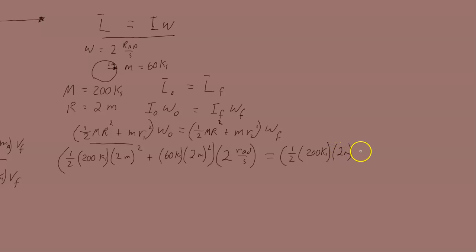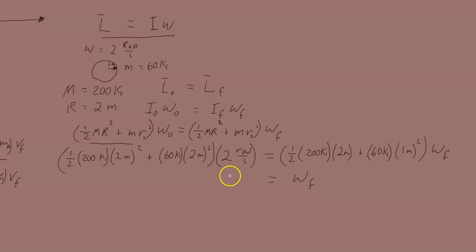And we're going to add to it the person, which has a mass of 60 kilograms, times their new radius, which is now 1 meter from the center. We take all that and we will have a final angular momentum. So there you go. Go ahead and plug that in, see what you get.